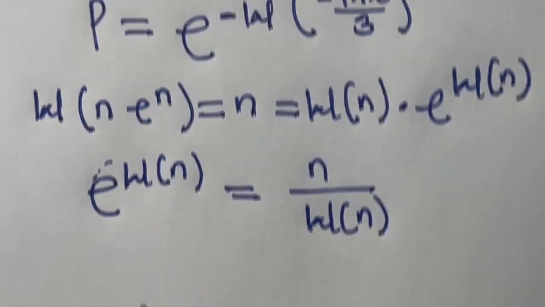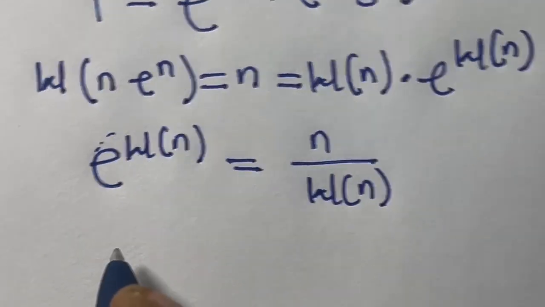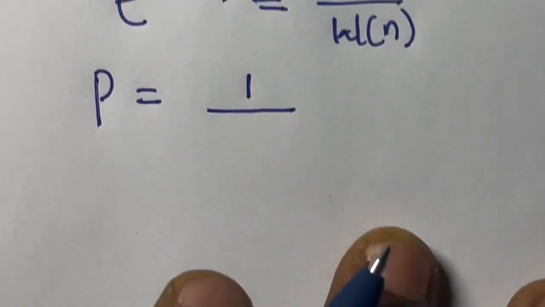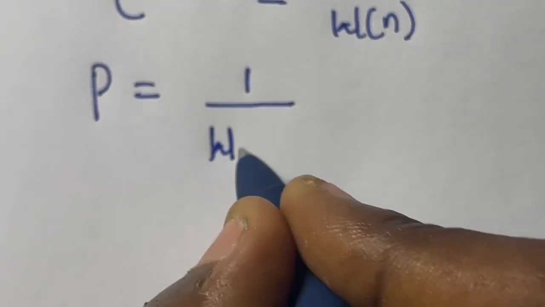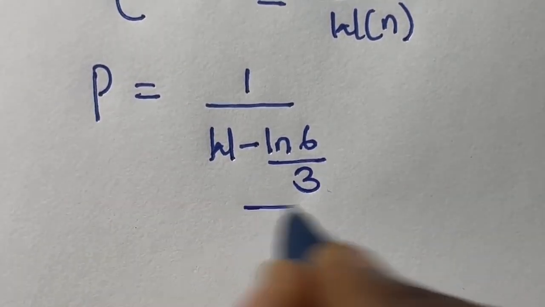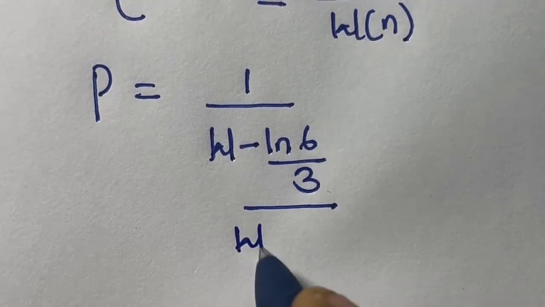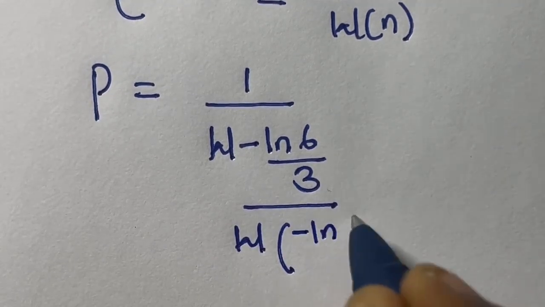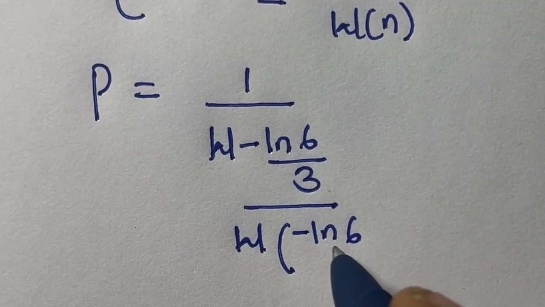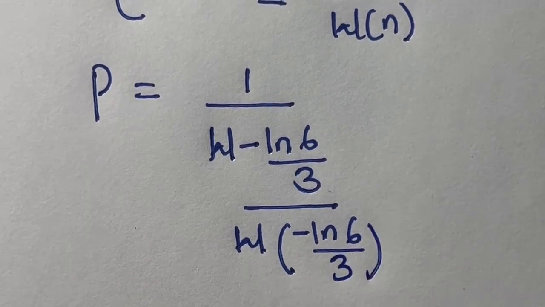So therefore, this will become p equals 1 divided by the Lambert function of minus ln 6 divided by 3, then divided by the Lambert function of minus ln 6 divided by 3.